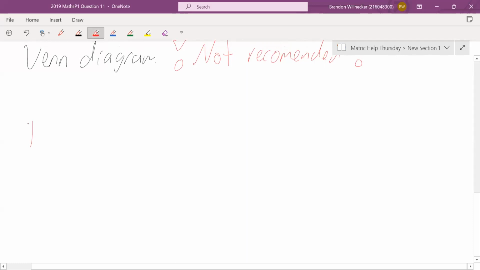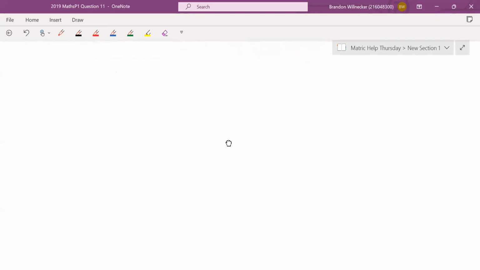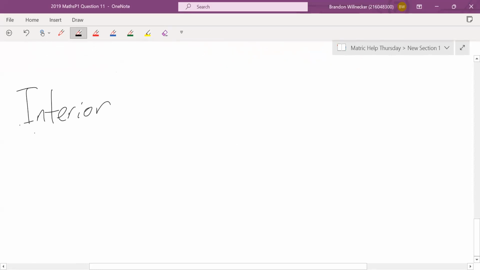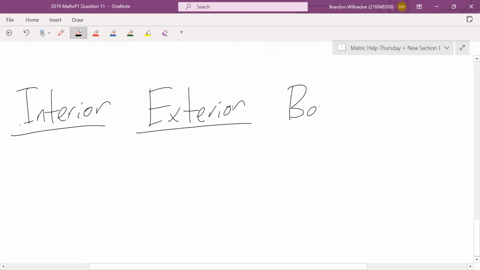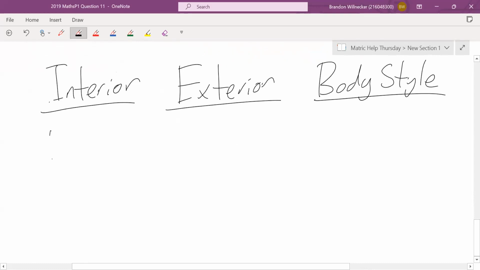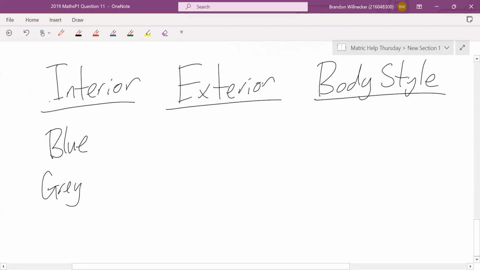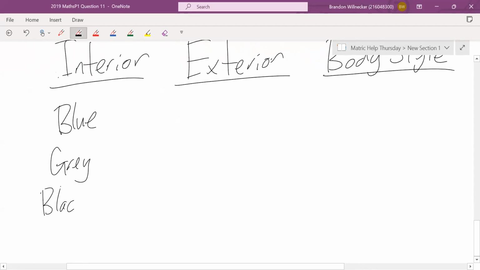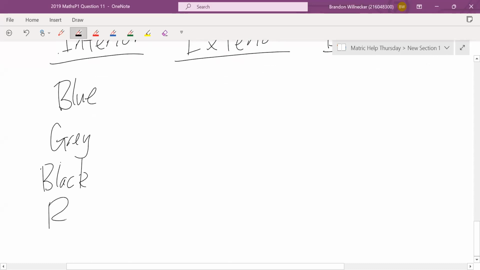Let's look at the interior. That is one of the options. Exterior, that was the other option to choose from, and body style. For the interior, we had blue, gray, black, and red.